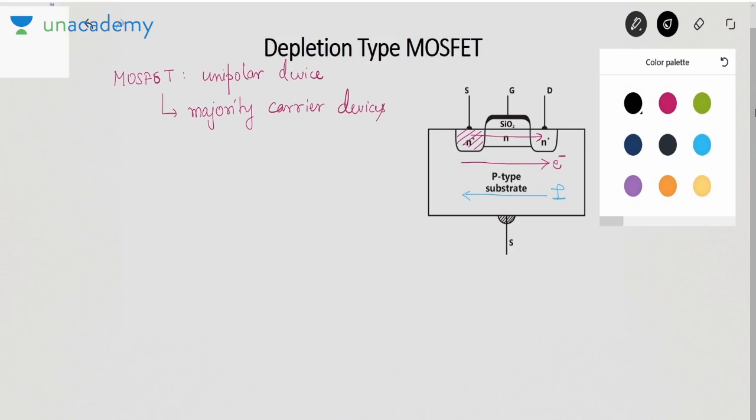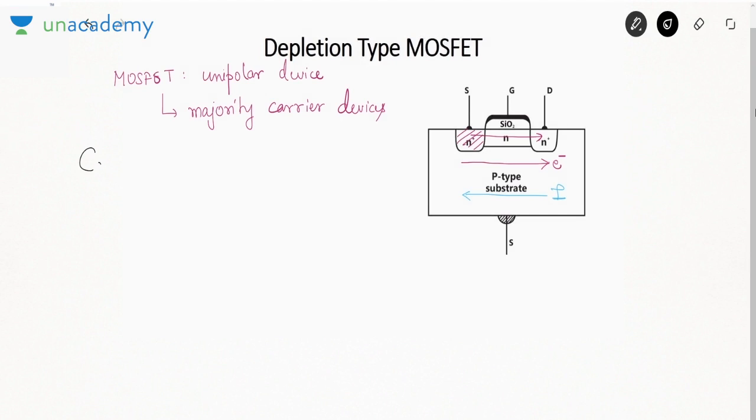Now let us take some cases. Case 1: the gate to source voltage is 0 and the drain to source voltage is also 0. Why am I taking voltages with respect to source? As in BJT, we use one terminal as the common terminal.